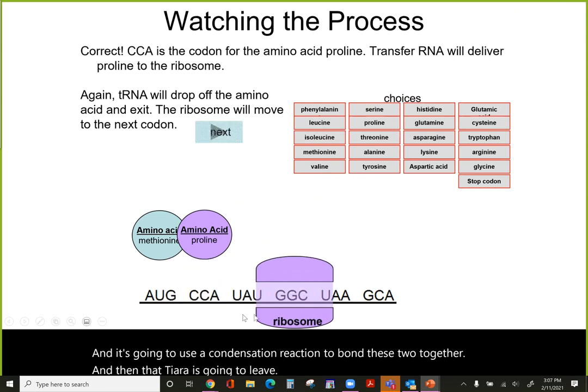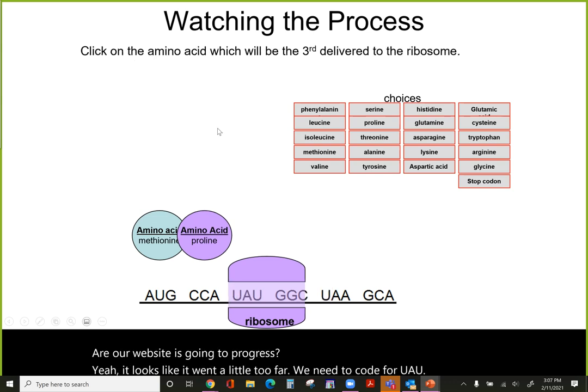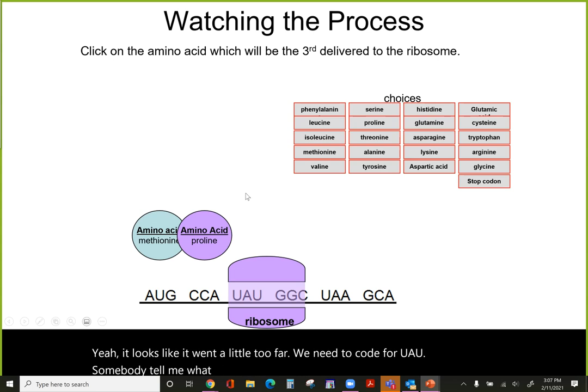Our ribosome is going to progress. And it looks like it went a little too far. We need to code for UAU. Somebody tell me what UAU codes for.